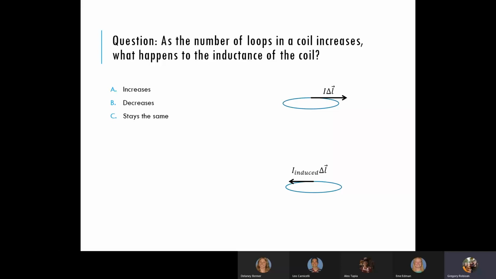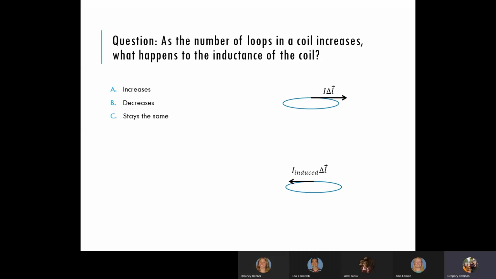As the number of loops increases, what happens to the inductance of the coil? I've only drawn 2, but what happens if I have more loops? What does your gut tell you? Or do you need to talk to your neighbors? Or do you have it?